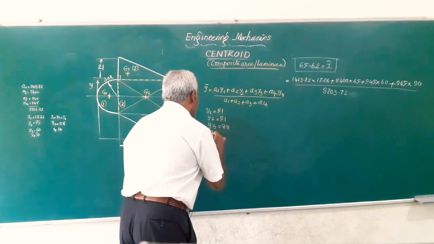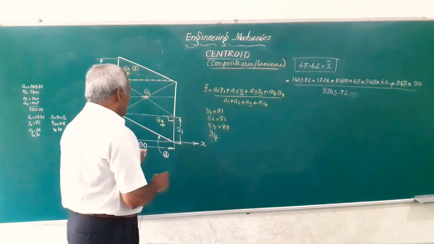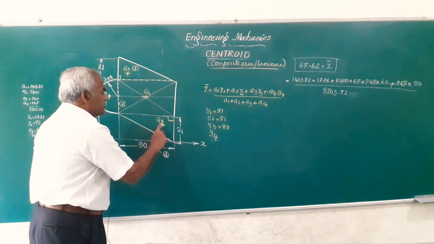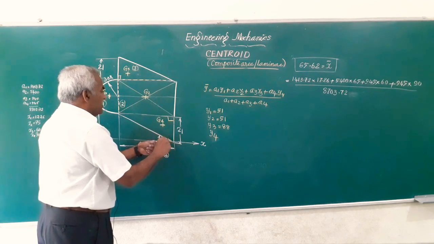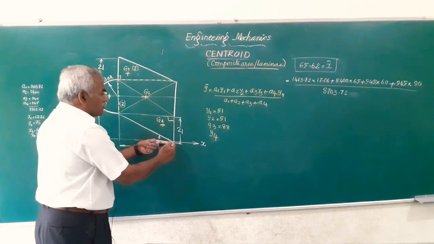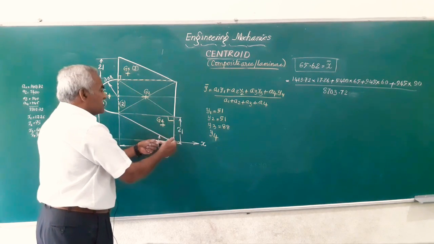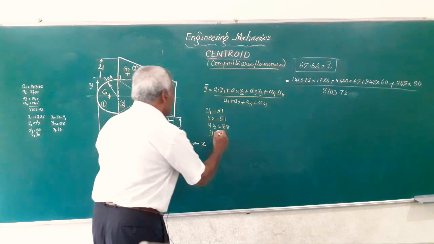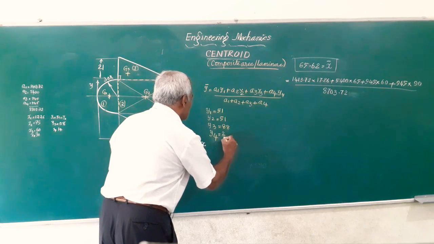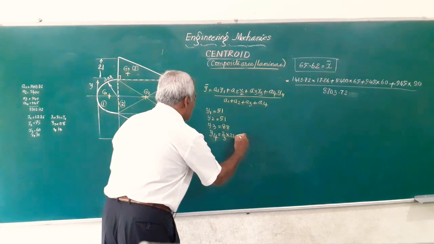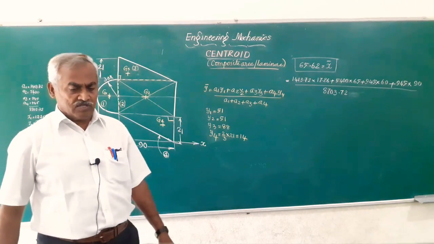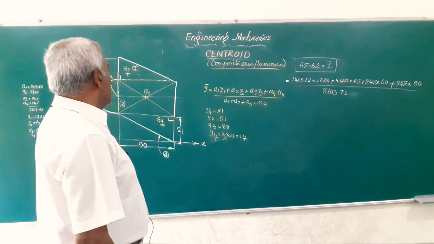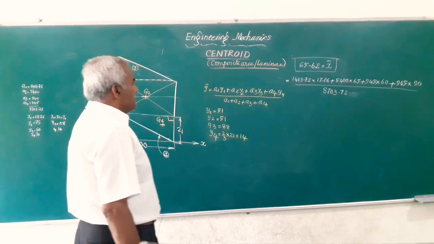Finally, the value of y4. y4 is the height of this g4 from here. Measuring from here, this is 2/3 of this height, that is 2/3 of 21, which is nothing but 14 mm. We got the values of all the distances of the centroids measured from the x-axis.